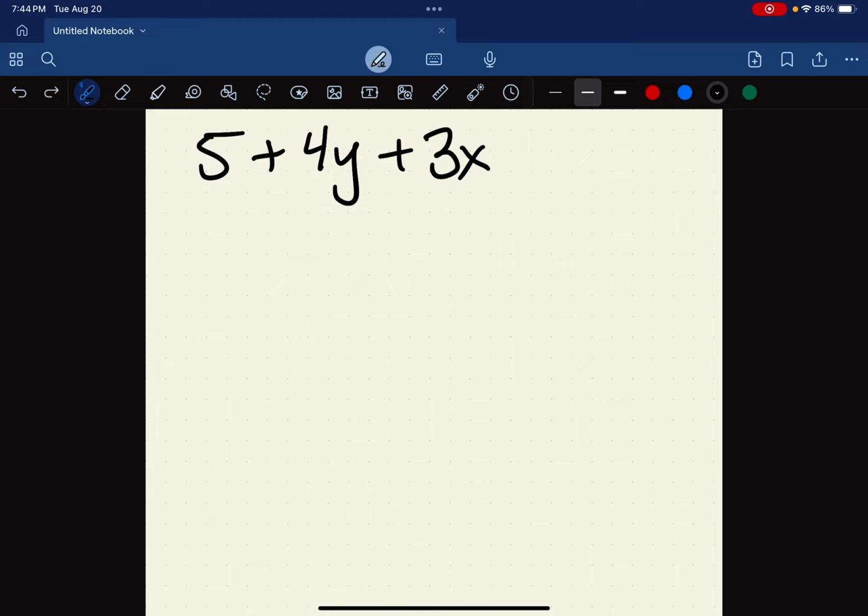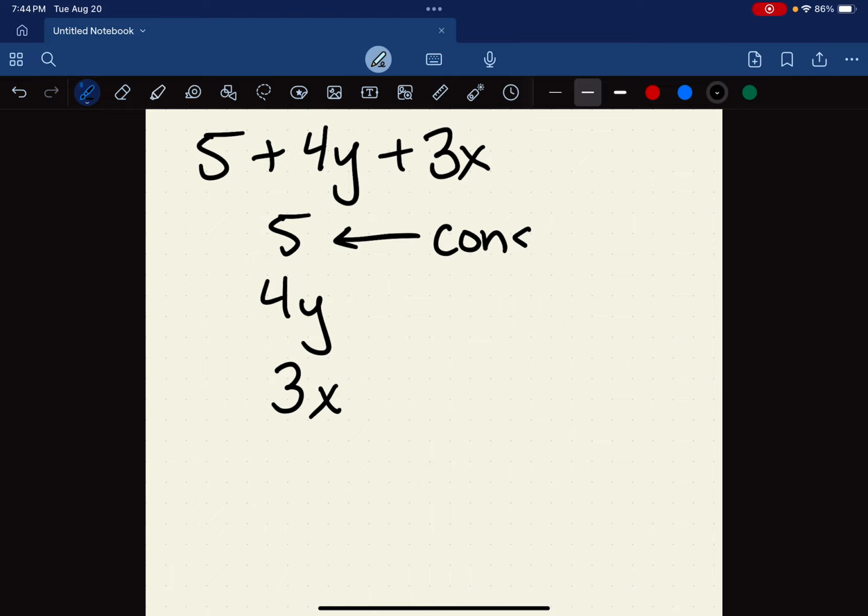Now, inside each of these terms, I'll go ahead and list them out here: 5, 4y, and 3x. Each one of these terms is called something different. The term that has no letters or anything attached to it, it's just a number, is called a constant.